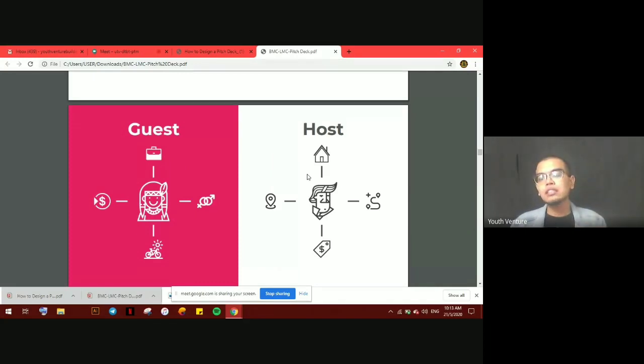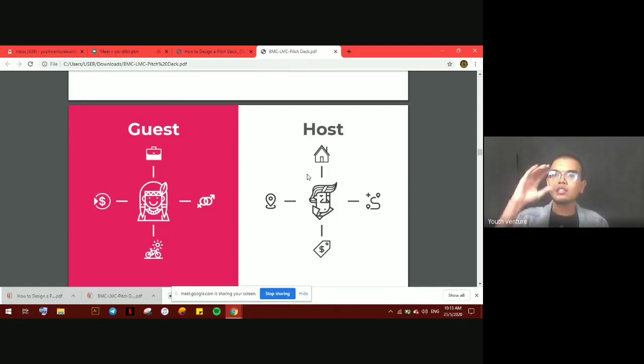When you are describing the guest for Airbnb, you can describe it in many ways. But one of the key things is, number one, you need to describe that the guests are always travelers. Number two, the characteristic of the guest. Maybe the guest travels for backpacking, or for leisure, or for business.